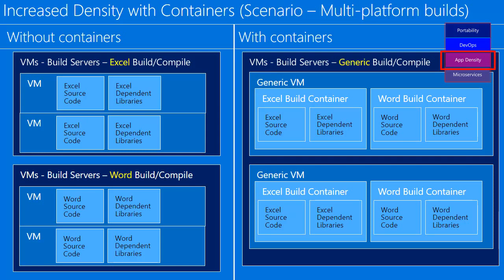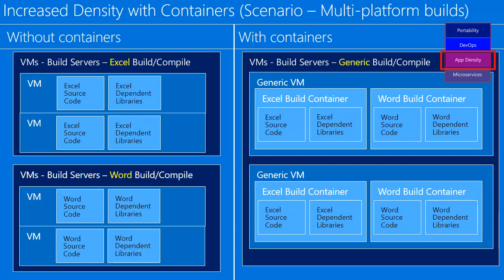We don't need to pre-equip that VM to support only that compile process for either Word or Excel. In other words, a generic VM can do everything. And that allows us greater build density, and allows us to not have to worry about configuring all the correct VMs before building out Word. And it's probably the way the developer had built out Word as well, how he had compiled it.